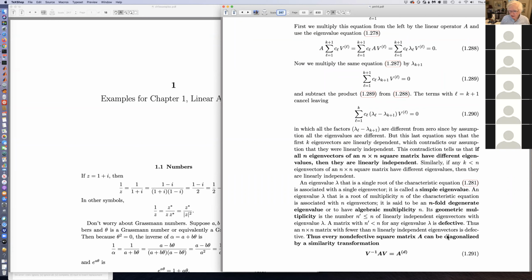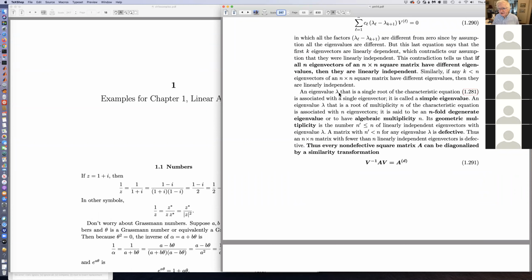And if the root of the characteristic equation lambda just appears once, in other words, it doesn't appear as lambda minus lambda 1 squared or cubed, then that's called a simple eigenvalue.